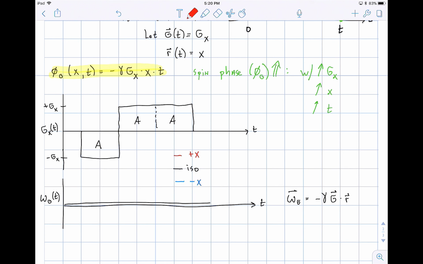Because we started with a negative gradient, two negatives make a positive, right? So I think I have it wrong in my notes. So omega g for that spin that's a positive distance away will be 0 to begin with, and then it will go positive. And then when the gradient's turned over, the omega g will go the other way. Does that make sense?